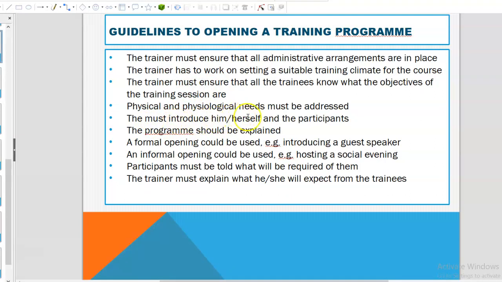The trainer must introduce him or herself and the participants as well. The program should be explained. A formal opening should be used, that is, for instance, introduction of a guest speaker. Two, an informal opening also could be used, that is, hosting a social event. So these are the guidelines that you should know.